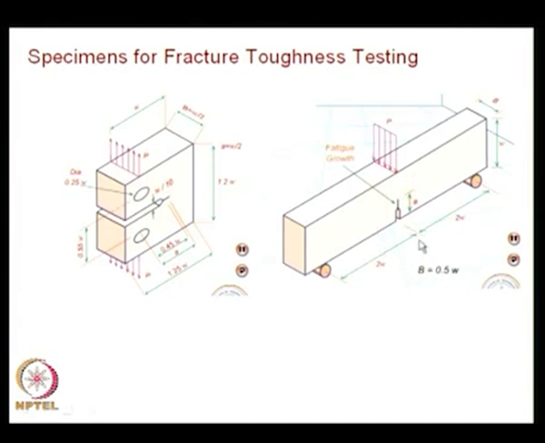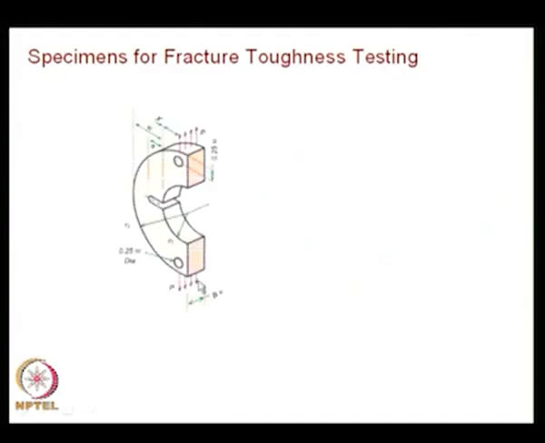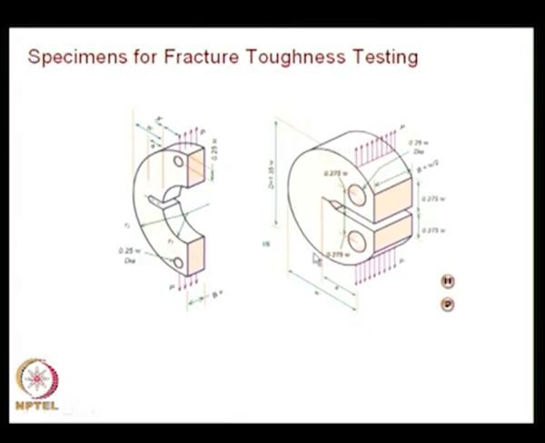Even the loading fixtures are much simpler. On the other hand, the compact tension specimen loading fixtures have to be a little more sophisticated, and we had also seen a C specimen and also a disc specimen. We have seen that this is for tubes and this disc is meant for shafts and so on.